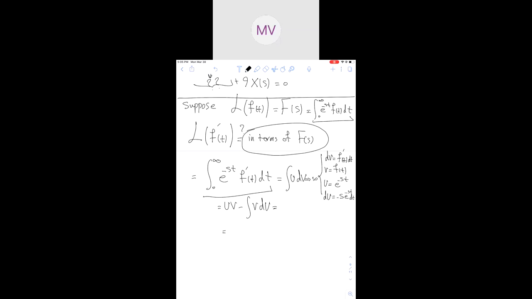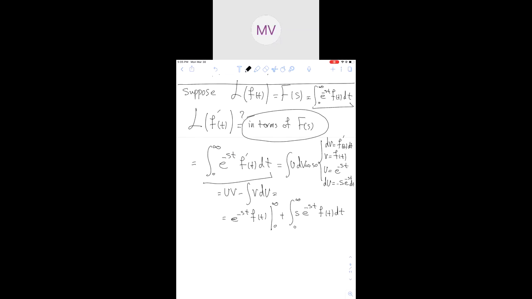So it's going to be uv, which is e to the negative st f of t from 0 to infinity, okay? Minus, there's a negative here, so it makes it a plus, the integral from 0 to infinity of s e to the negative st f of t dt.